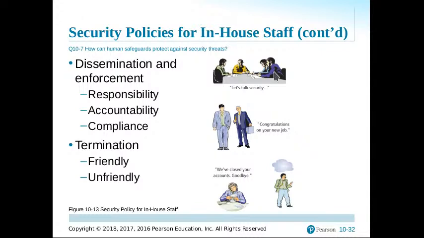The user should follow policies: responsibility, accountability, and compliance to the company regulation. The company needs to monitor the users, the employees, and make termination in case needed.